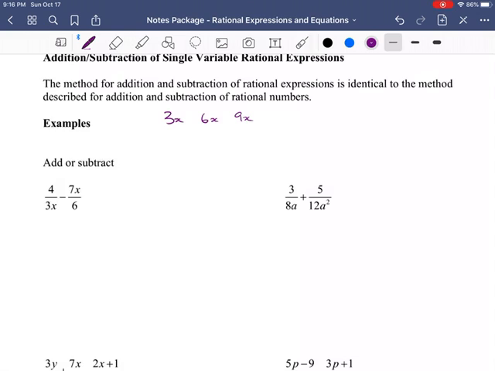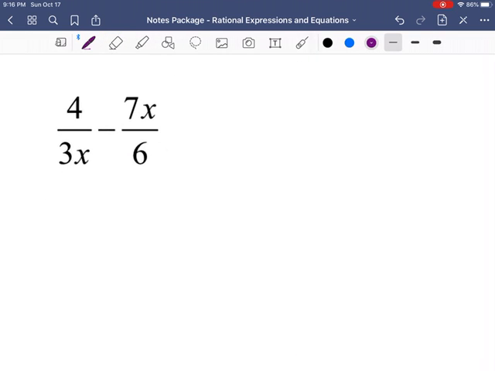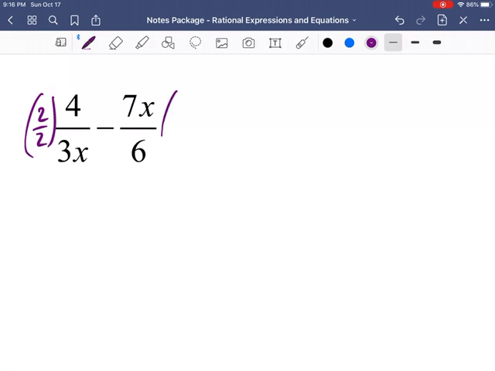And 6, we've got 6, and we need to get a variable. We don't have a variable there. So I'm going to double this one, and I'm going to multiply this one by x over x. And what you get is 8 over 6x minus 7x squared over 6x.